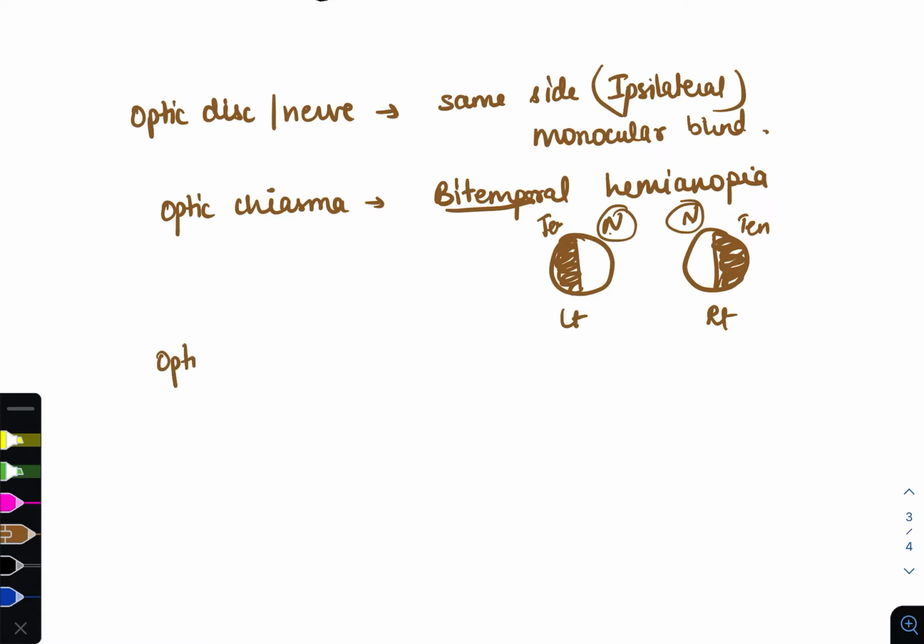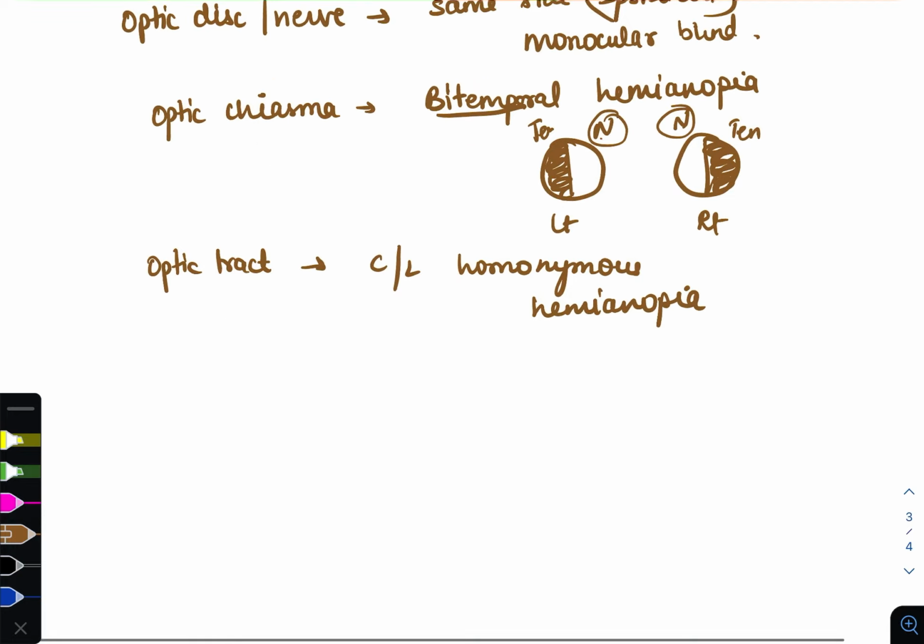Now the next one is the optic tract. If there are optic tract lesions, then we will see contralateral homonymous hemianopia, because the defect is on the side opposite to the lesion. So it's homonymous and contralateral, not ipsilateral.